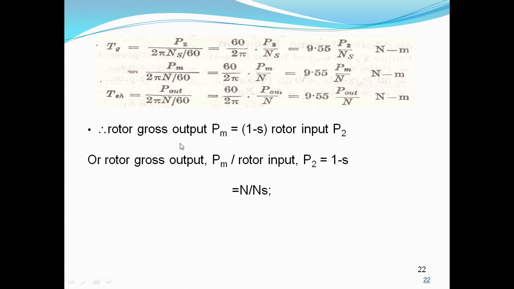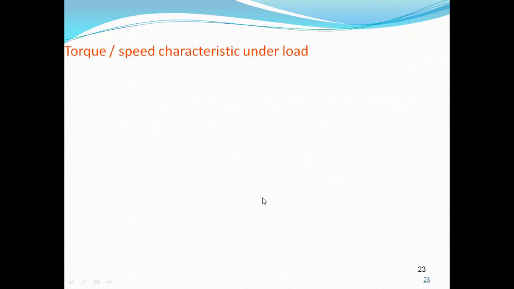So rotor gross output is equal to rotor input into 1 minus s. So Pm by P2 is equal to 1 minus s, that is equal to rotor speed by synchronous speed.